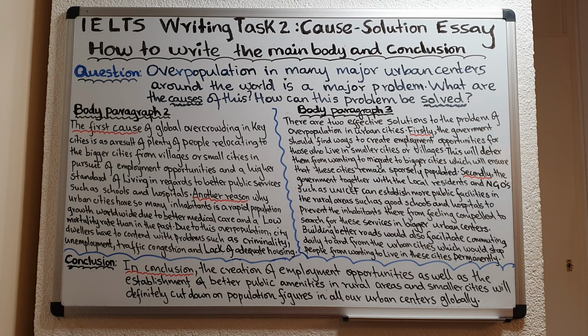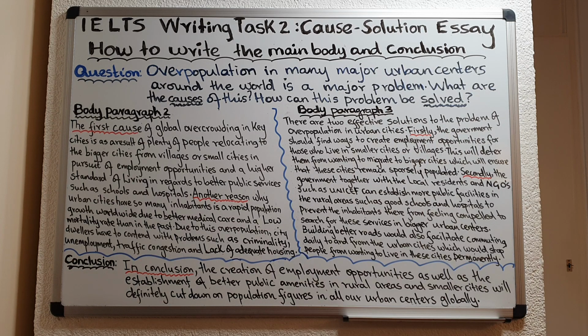You can either say a city is densely populated, which means a lot of people live there, or sparsely populated, which means that you have few people living there, okay? Remember that densely populated means a lot of people living there, and sparsely populated means few people living there, okay?